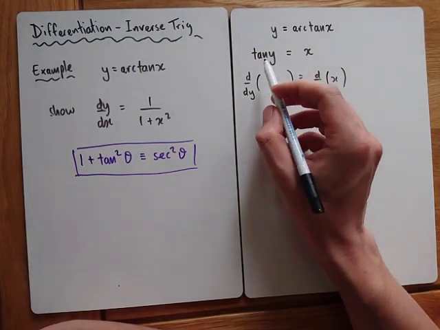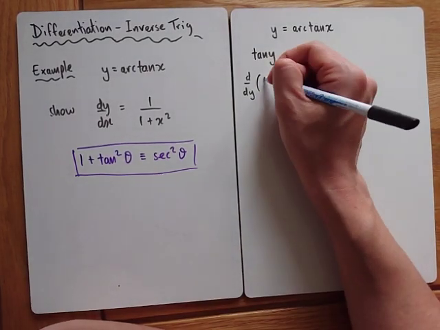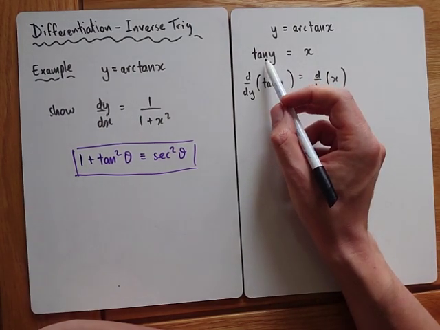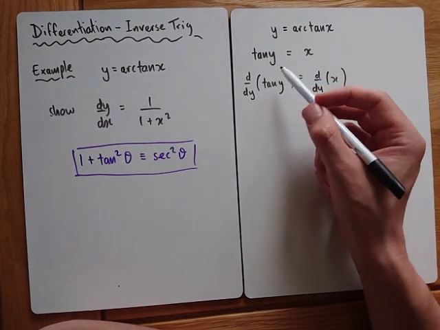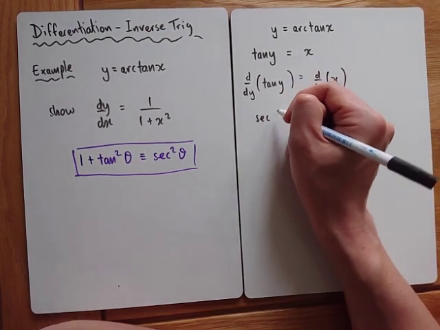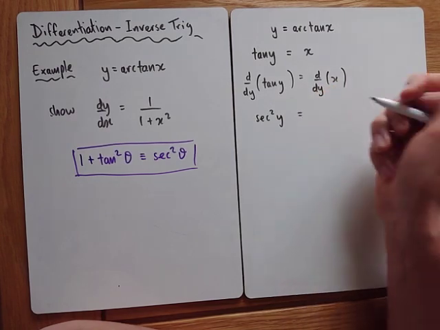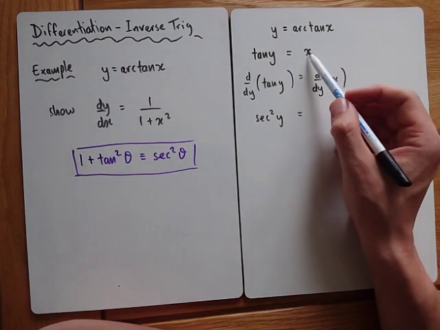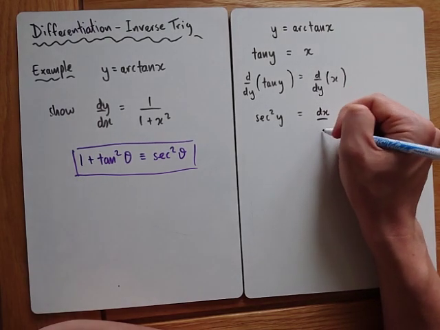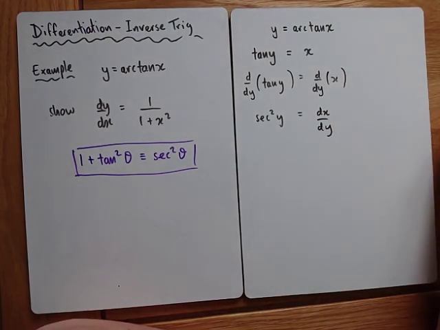If I differentiate with respect to y, we should know this is a common result: when you differentiate tan, you get sec squared. So if I differentiate tan y, I just get sec squared y. On the right hand side, if it's x and I differentiate with respect to y, that just becomes dx by dy, like we saw earlier.